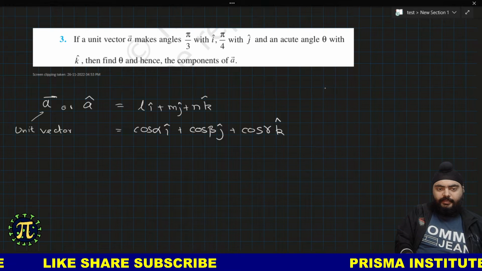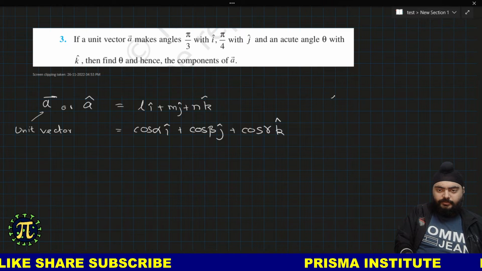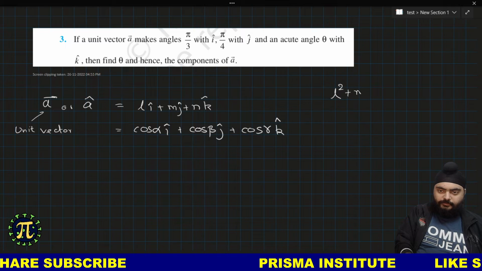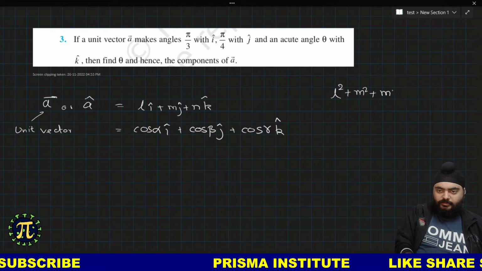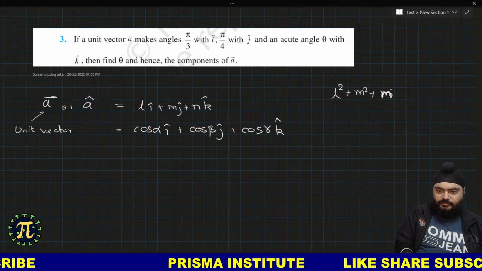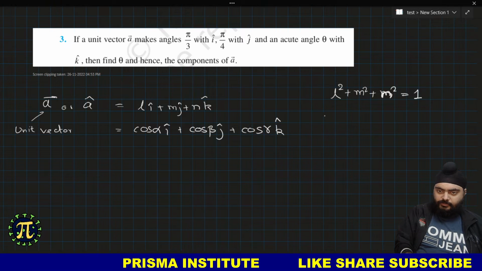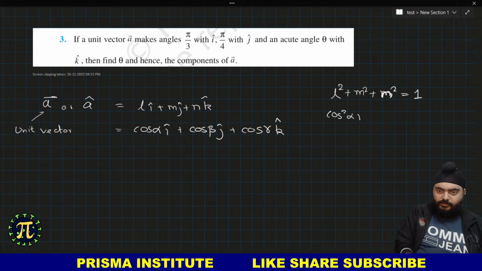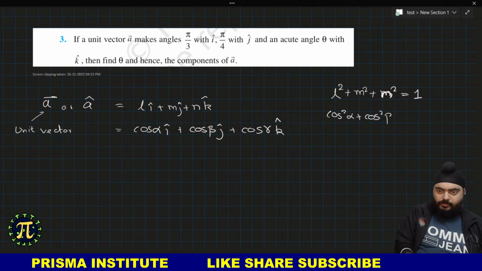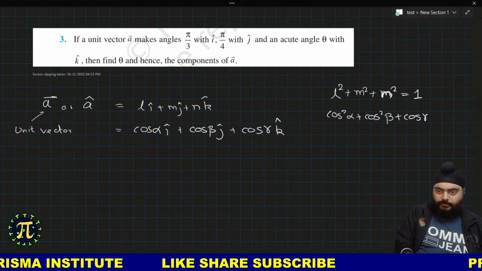And we have one more relation. So one more relation is L square plus M square plus N square is normalized, so its sum is 1, right? So cos square alpha plus cos square beta plus cos square gamma is 1.